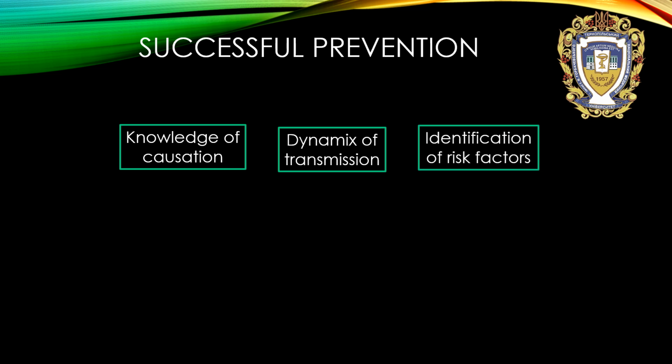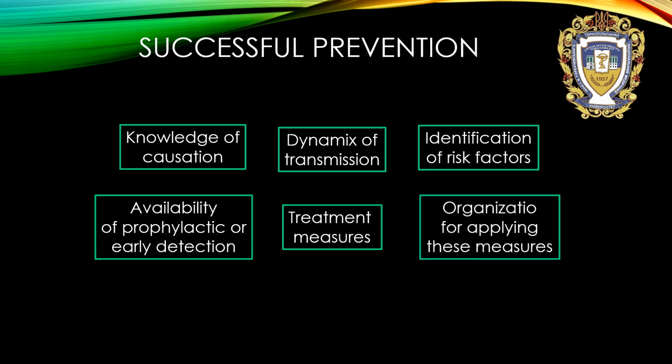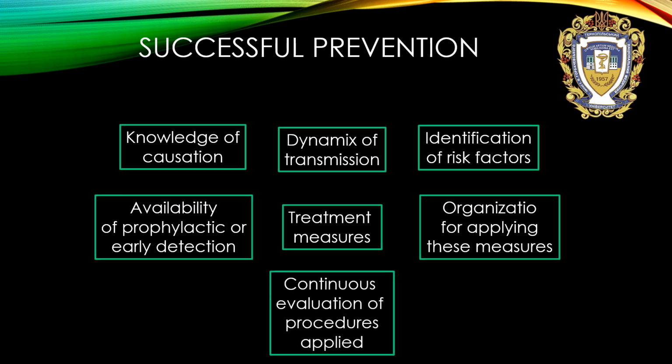Parts of successful prevention are next: knowledge of causation, dynamics of transmission, identification of risk factors, availability of prophylactic or early detection treatment measures, organization for applying these measures, and continuous evaluation of procedures applied.